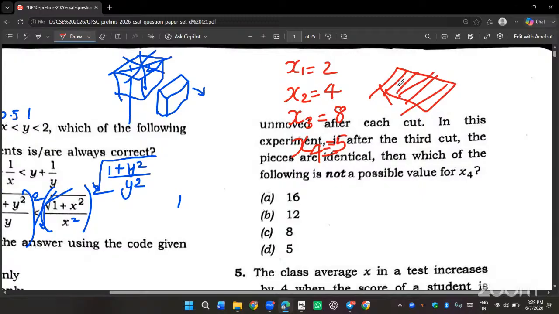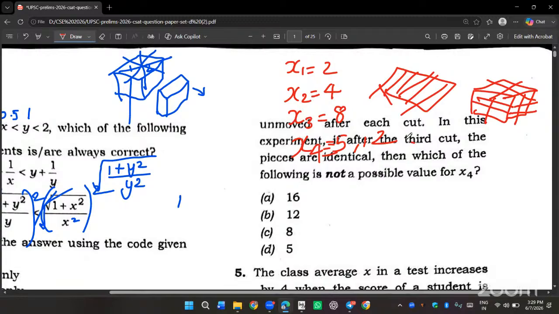Similarly, the fourth cut may be done as we discussed, horizontally 2 cuts, then vertically 2 cuts, so we will get 12 pieces. Beyond that, I cannot go. So 16 will be impossible to get.